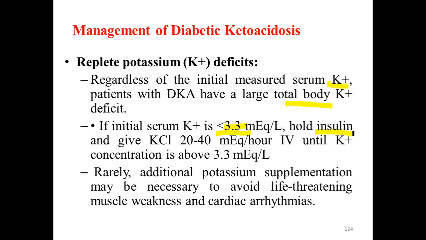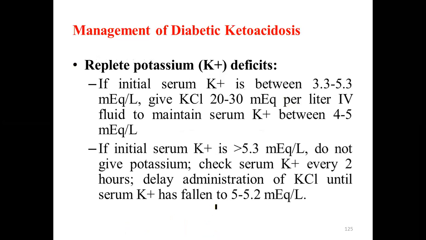Hypokalemia, because insulin activates the sodium potassium ATPase, which pumps sodium out, potassium in. So when you give insulin, this one will be activated more, so it pumps more of the potassium into the cell. So it can actually even worsen the condition. Okay, fine. So that is one condition.